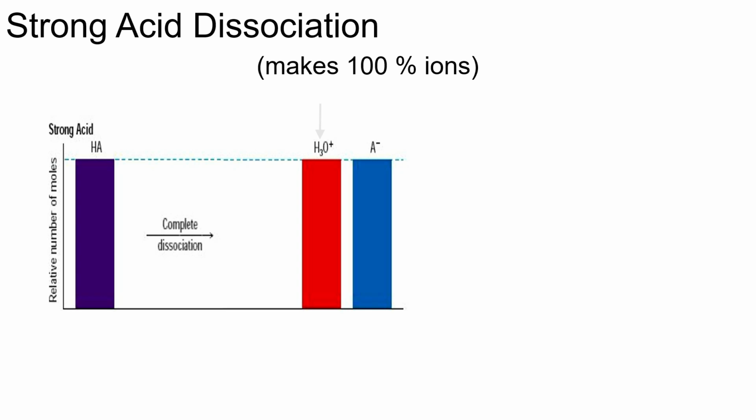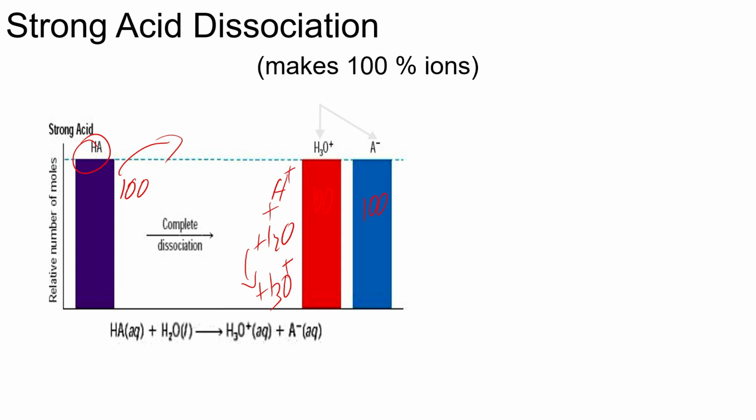The 100 protons combine with water to give something called hydronium ion, H3O plus. So 100 here and 100 here. This is represented by complete dissociation, in one direction only, the forward direction.